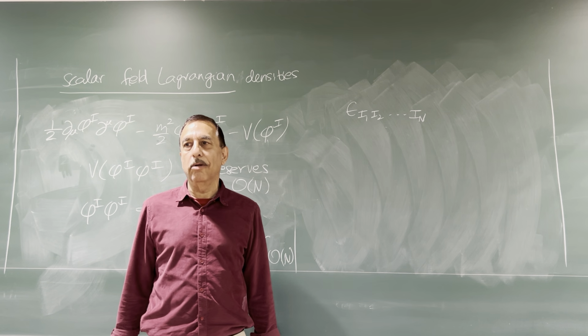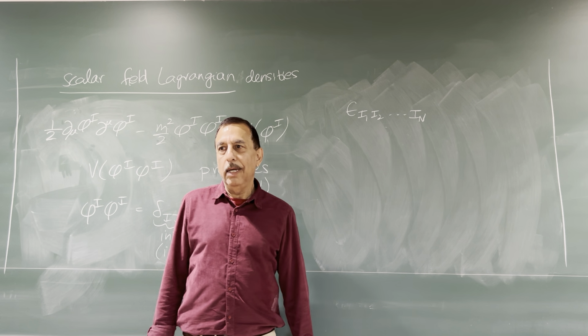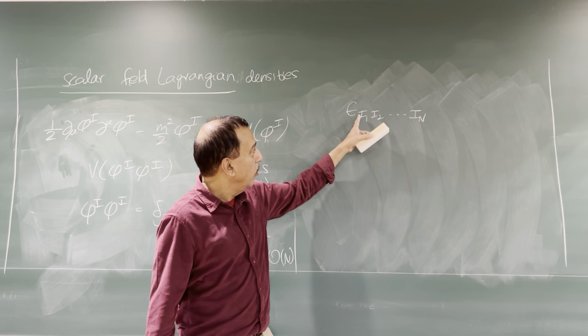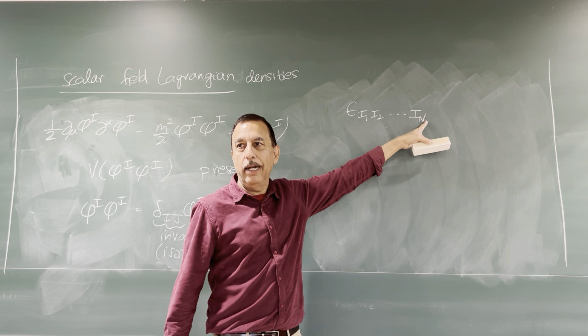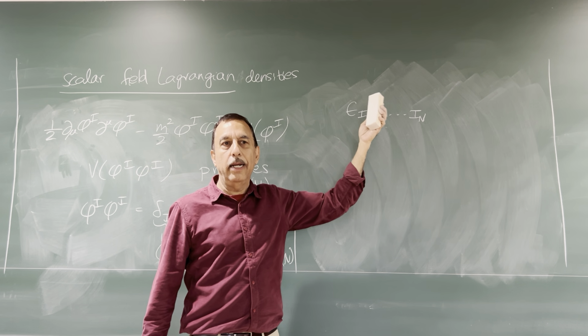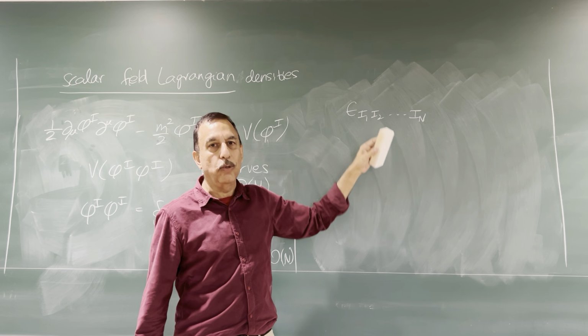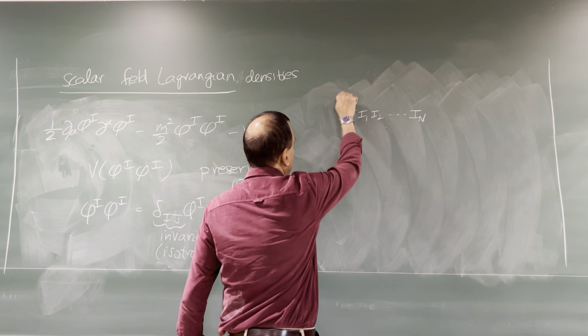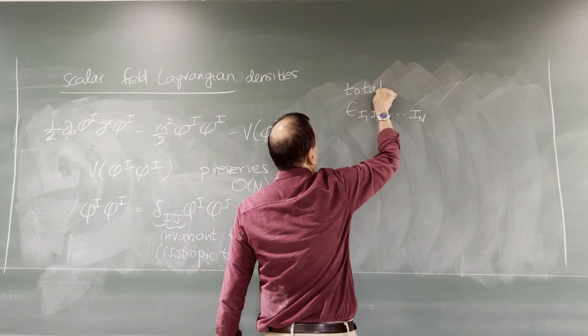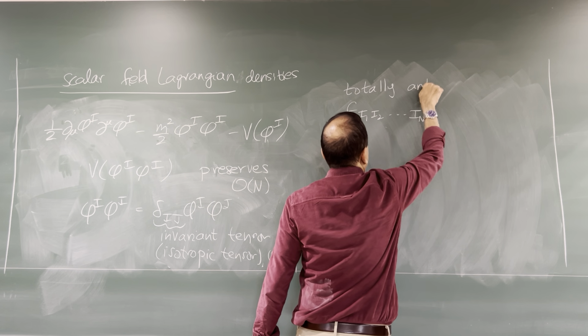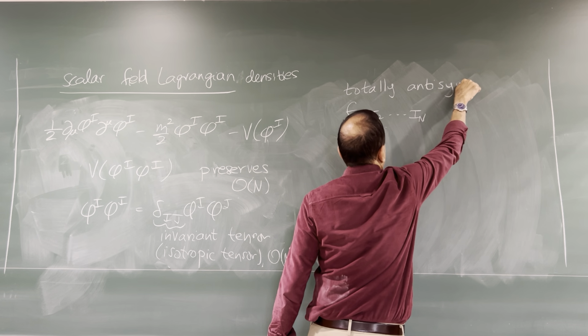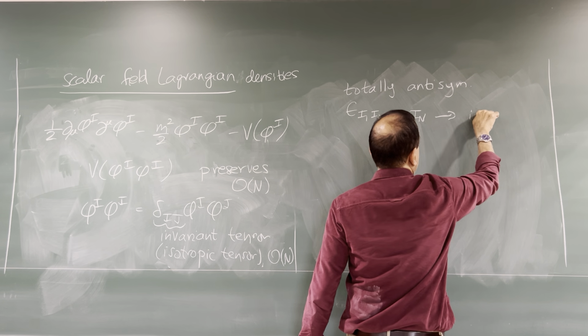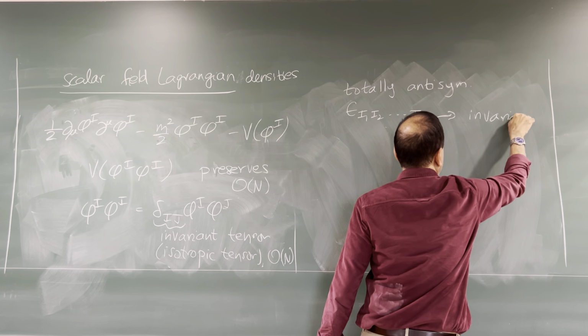There's even an epsilon_ij in 2 dimensions. It's just the thing where the values 1, 2, 3, 4 up to n, that thing is +1, and then for any permutation of it you just take total antisymmetry into account. So this is also an invariant of O(N).